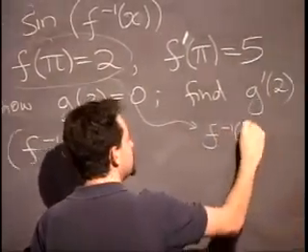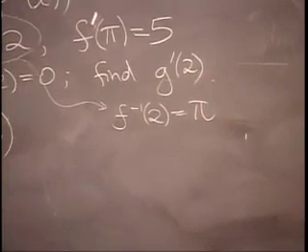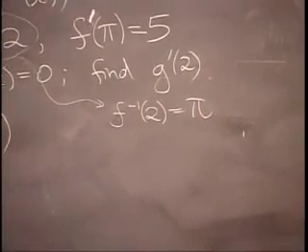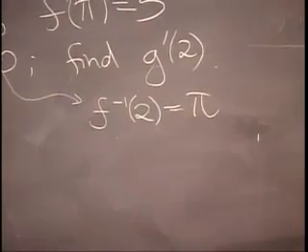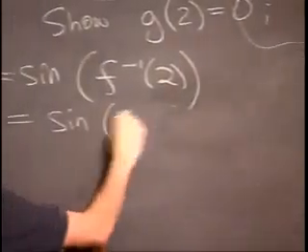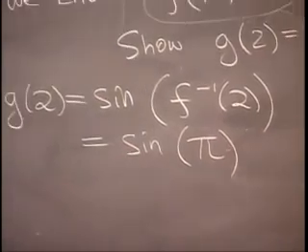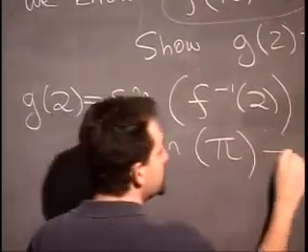F inverse of 2 is pi. So if f of pi is 2, then f inverse of 2 is pi. So this quantity here is just sine of pi. But of course, sine pi equals 0.